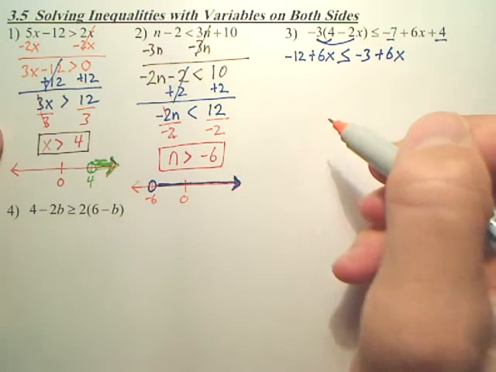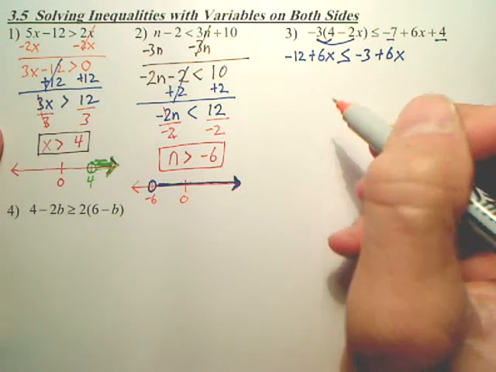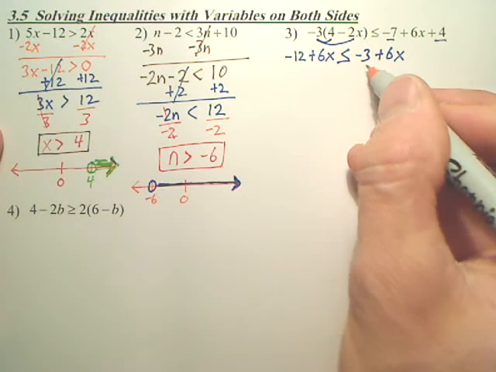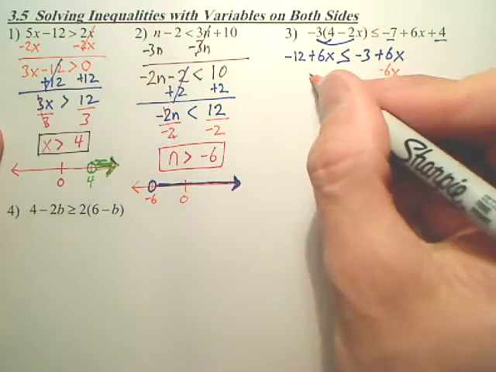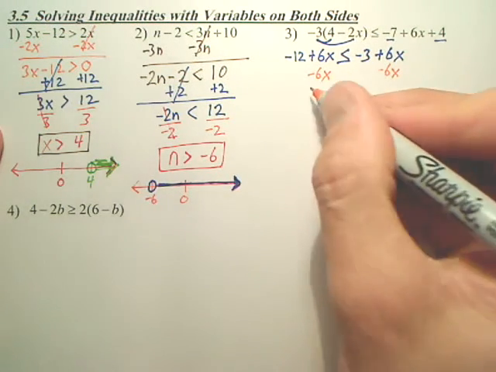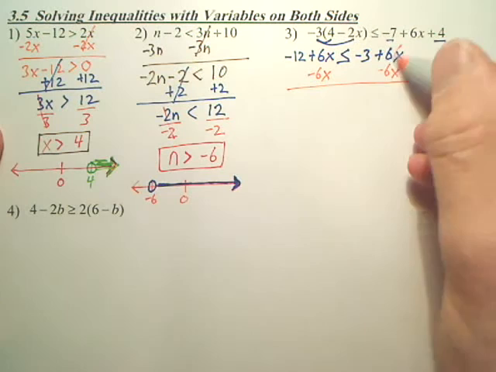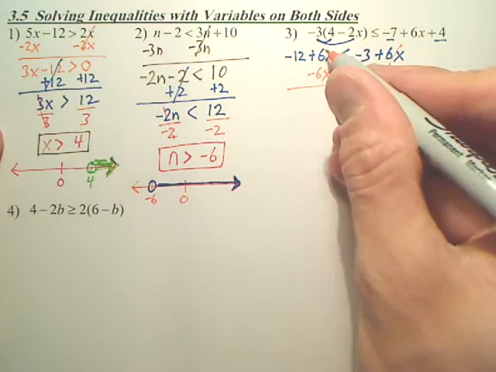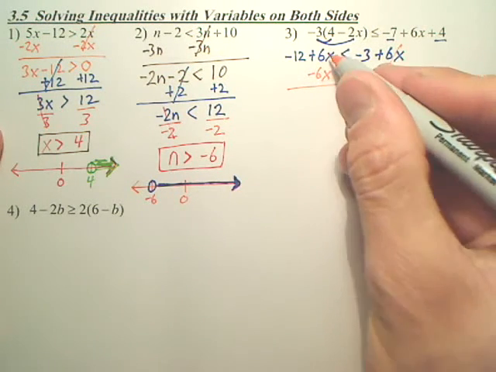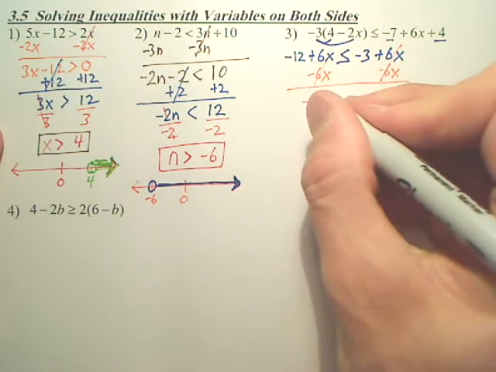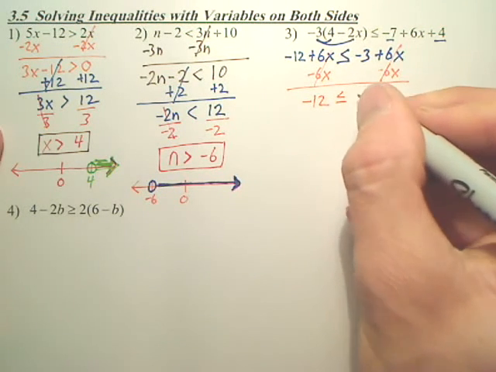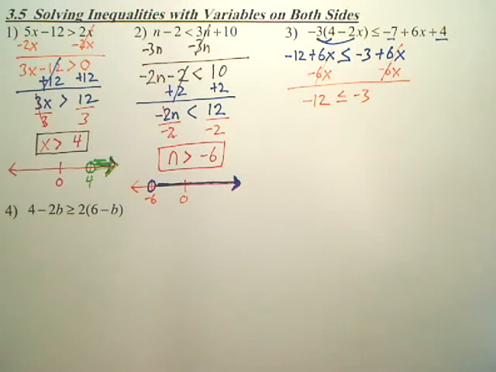And now, let's get the x's to the left side, so let's minus the 6x over. Hey, wait, what happens here? Doesn't it cancel as well? What? We have negative 12 is less than or equal to negative 3.